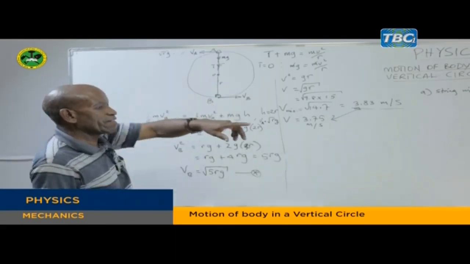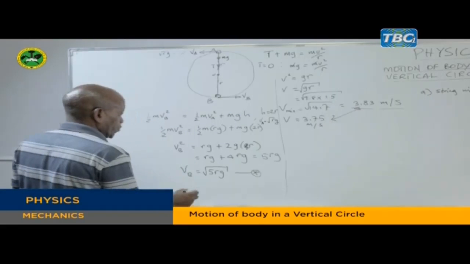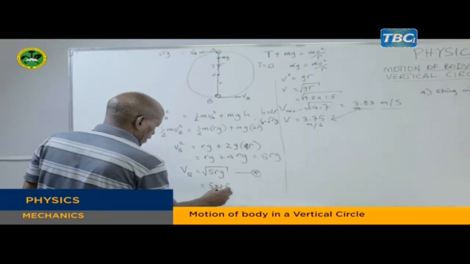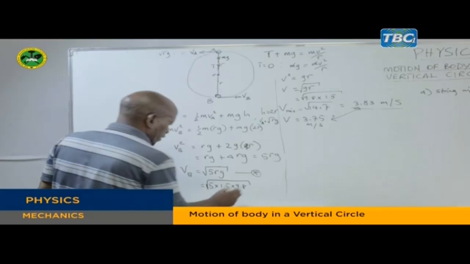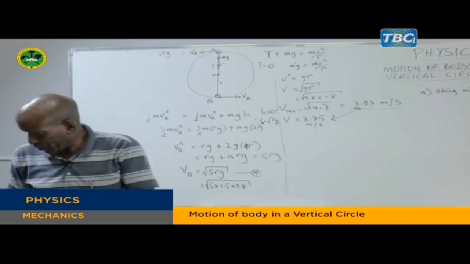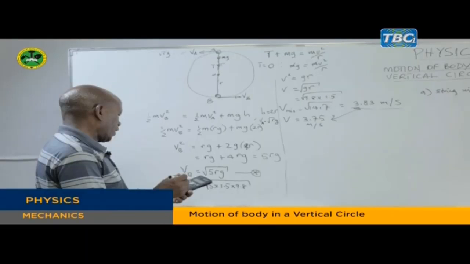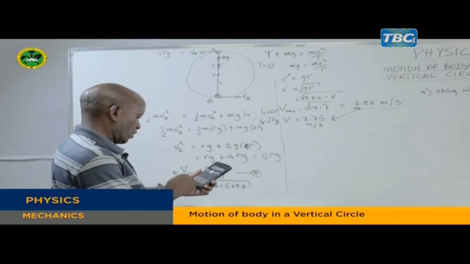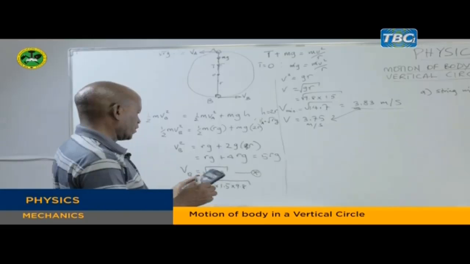That radius is the length of the string, which is 1.5 meters, and g is known. That is 5 times 1.5 meters times 9.8, and we look for the square root of that expression. Using your calculator, 5 times 1.5 times 9.8 is 73.5.